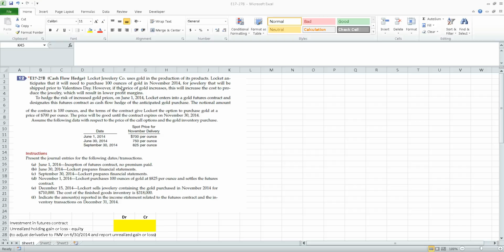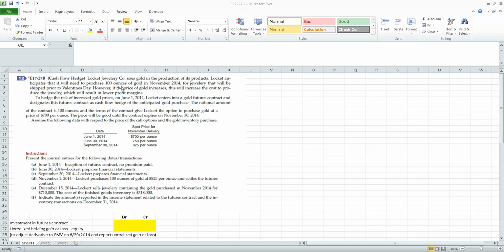Now, the risk that the jewelry company faces is that if the price of their raw material, gold, increases, it's going to increase the cost to them of producing the jewelry, which, assuming they can't pass it along to the customer, will result in lower profit margins on jewelry sales.